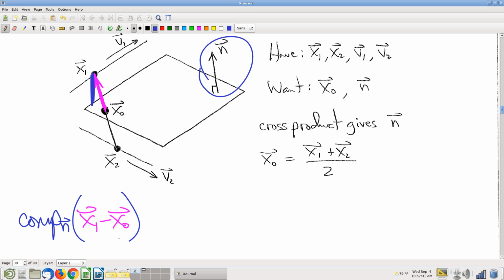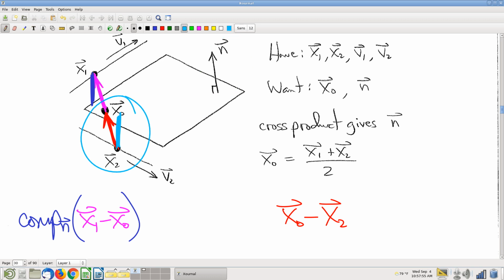Okay, next, let's talk about this vector. That vector is x naught minus x2. The distance that I'm looking for over here, that's the component of that red vector perpendicular to the plane.